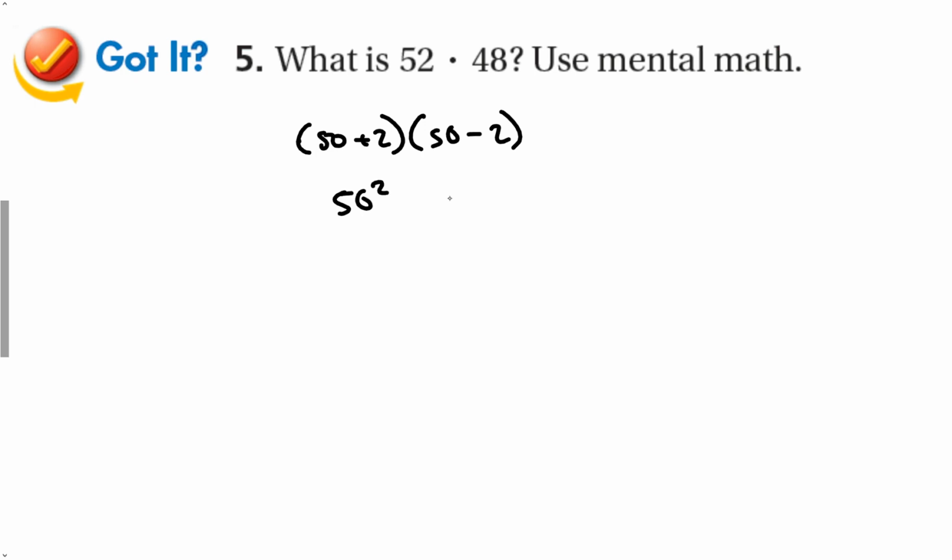So that's 50 squared minus 2 squared, 2500 minus 4 to give me 2496. Okay.